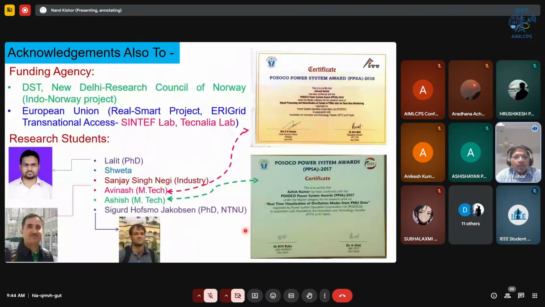Also, some PhD students were involved, and also the acknowledgements to the funding agencies. So we have the DST, then the Research Council of Norway, and then real-time projects, the IRIGATE project, transnational, and different labs here.